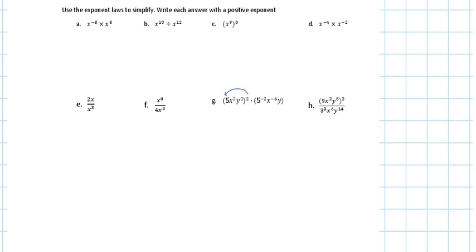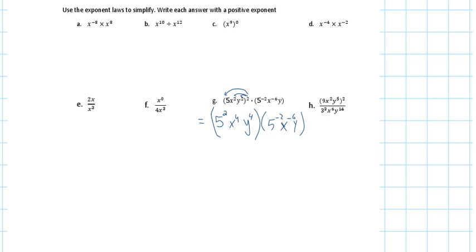5 to the power of 2, x to the power of 2 times 2 is 4, y to the power of 4. Now, I have multiplication.